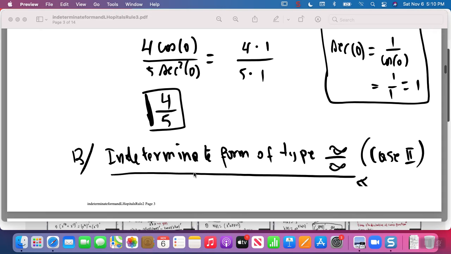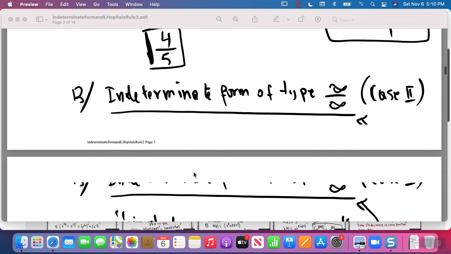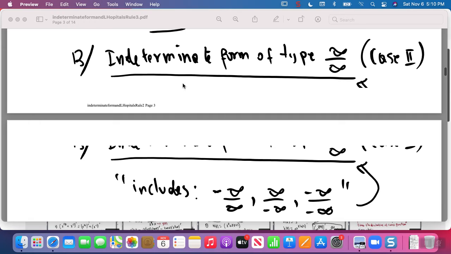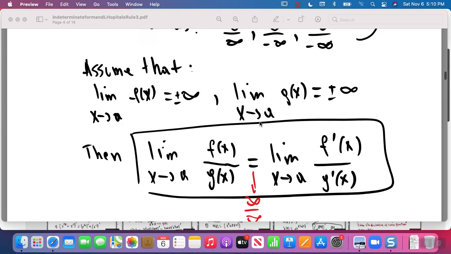Now we have discussed case 1. There's a case 2 of the indeterminate form of type infinity over infinity. So L'Hopital's rule case 2 is the indeterminate form of type infinity over infinity. We call that case 2. So if you have this case, you can still apply L'Hopital.